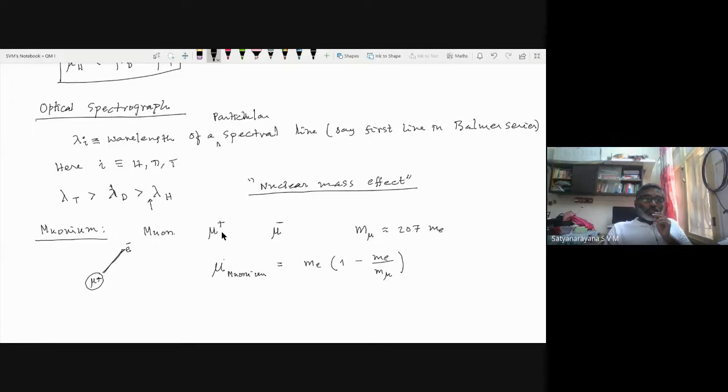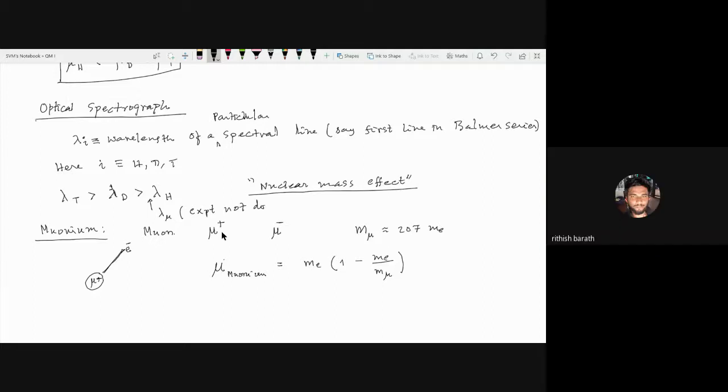So this is what I would expect if you consider lambda mu, but this experiment is not done, because of the lifetime of the muon. I guess the lifetime of the muon is very short, 2.19 microseconds. So the muon lifetime is very small, so it decays very fast. Yeah, about 2.2 microseconds, I guess.